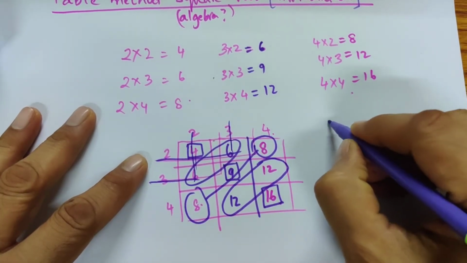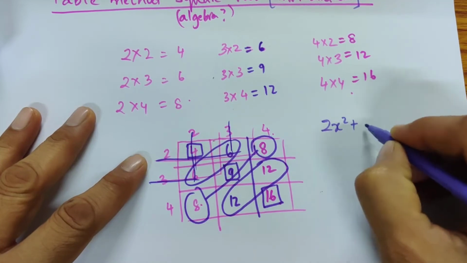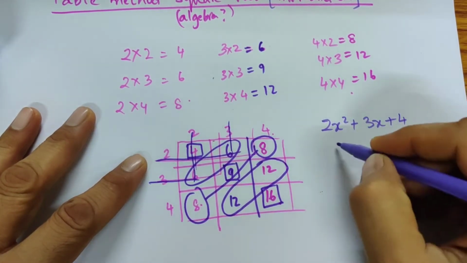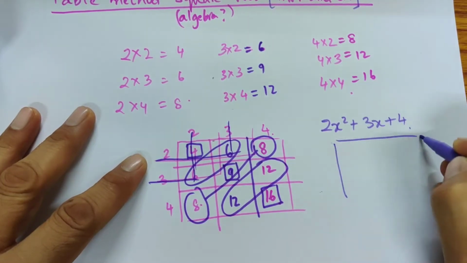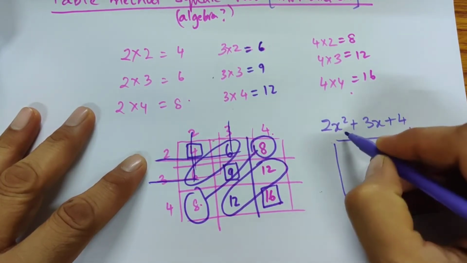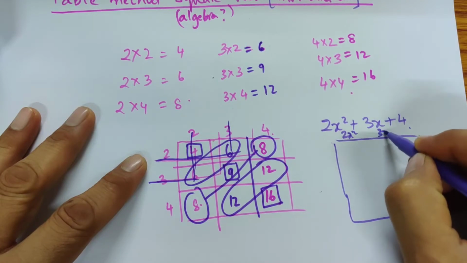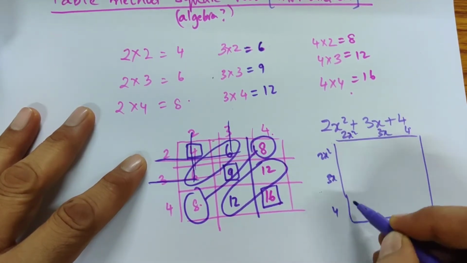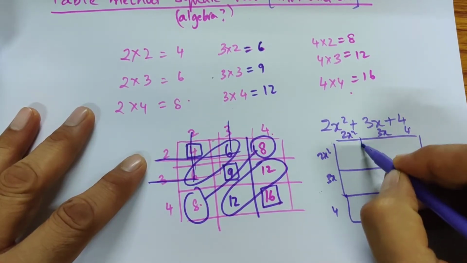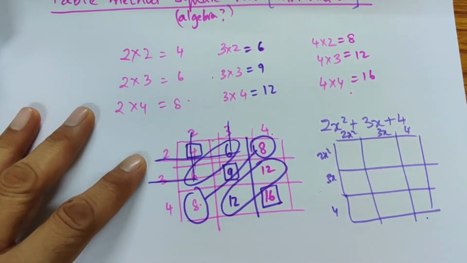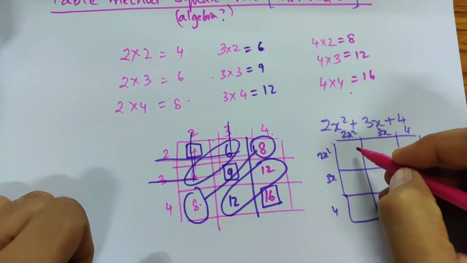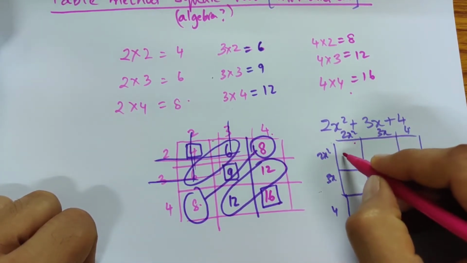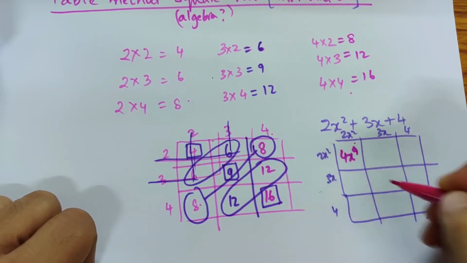So if I wanted to square an expression 2x square plus 3x plus 4, then that's what this table represents. So you will have 2x square, 3x and 4, 2x square, 3x and 4. Okay, so this box will represent x square times x square, so that's 4x to the power of 4.